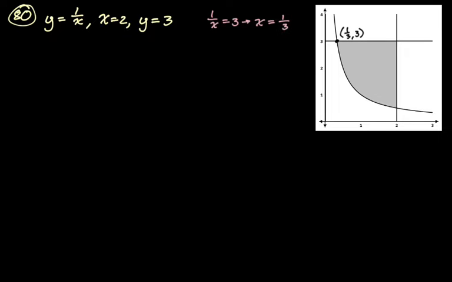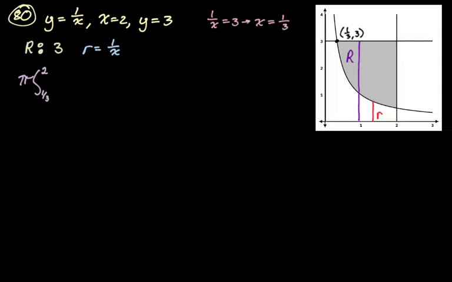And as we do this, we're going to get a big volume from big R and a small volume from little r. So big R, in this case, is just y equals 3, and little r is just 1 over x. And so we're going to do big volume minus little volume to get our answer. So it'll be pi, the integral from 1/3 to 2, because those are the x bounds for this region.